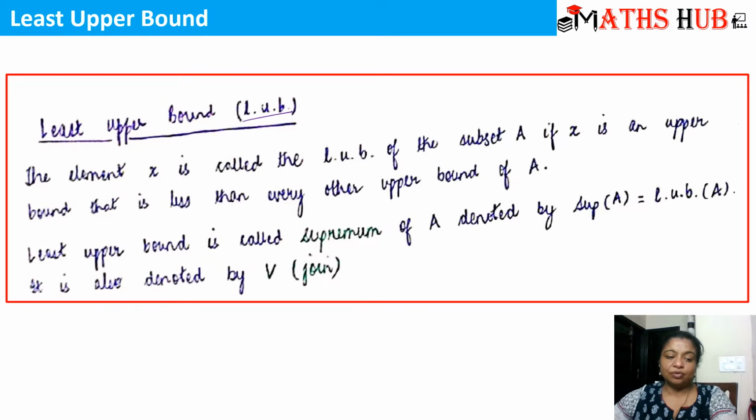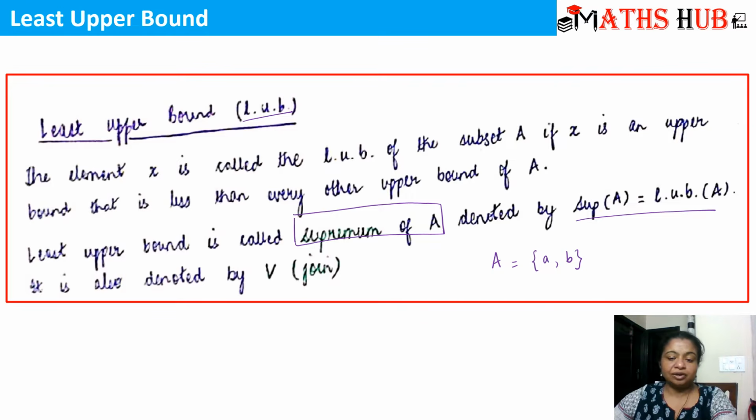So how do we note a least upper bound? We also call it the supremum of A. So for whichever subset we are calculating the least upper bound, it is called the supremum for that subset A. So we also denote it as supremum of A is LUB of A. And the notation: suppose the set A contains the two elements, let them be a and b.